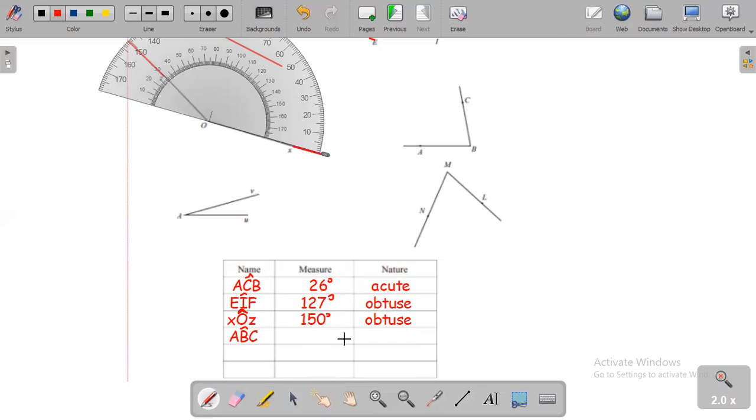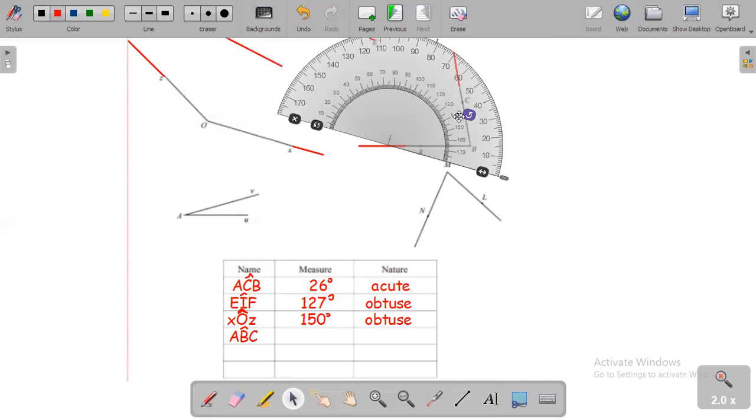Now, what is the measure of this angle? To find the measure, we have first to elongate the arms. Now we take the protractor and we put it on one arm. Let's put it on AB.